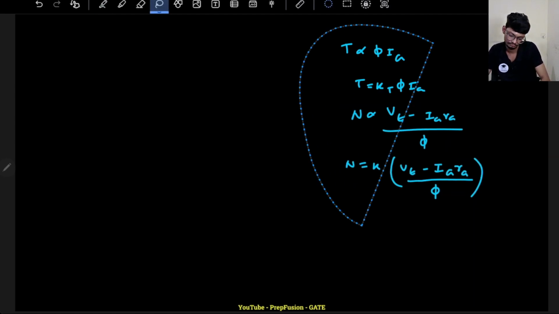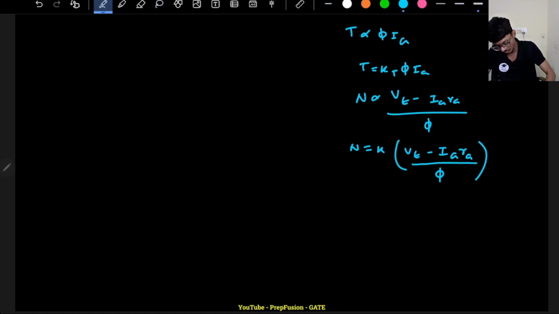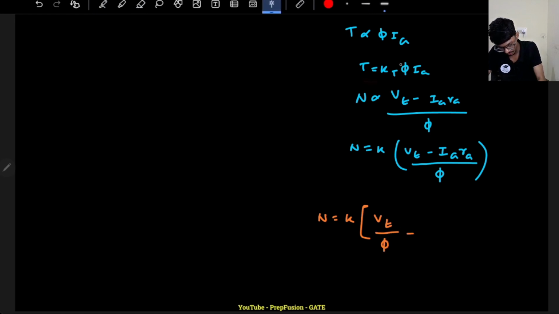Okay, so what I can do is replace this Ia from here, right? So my speed will be equal to K, which will be outside anyway, Vt by phi, minus Ia replaced with T upon Kt phi.